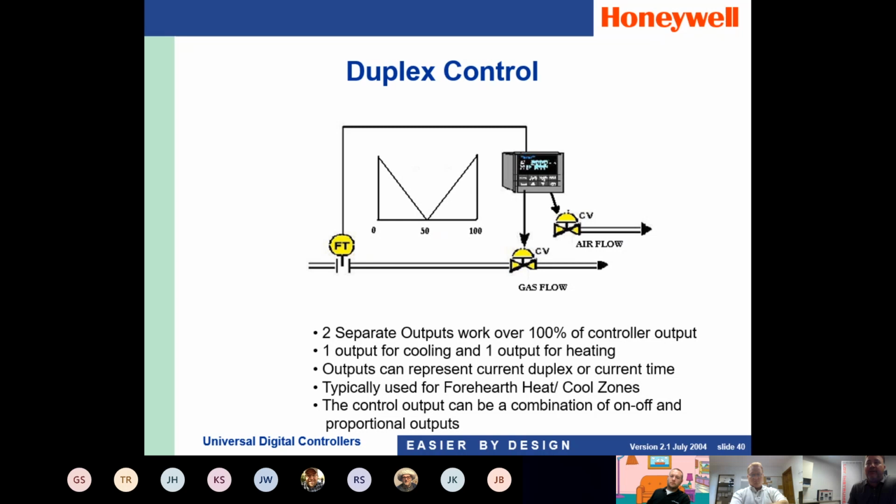These are usually used in applications where you have very intricate control systems that require some form of cooling in order to get the process temperature down to a certain point where you can actually get it back to the set point.